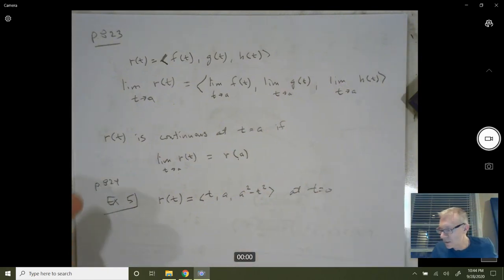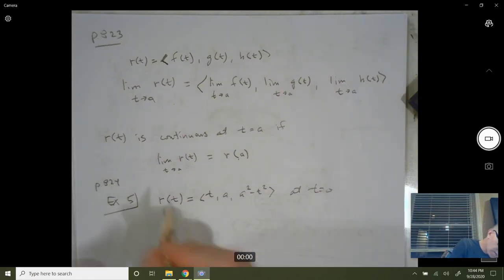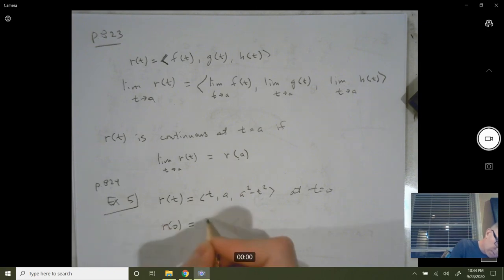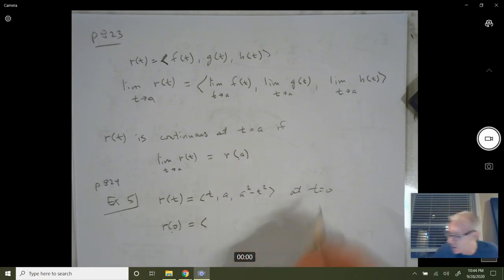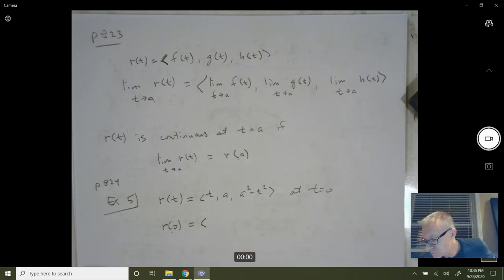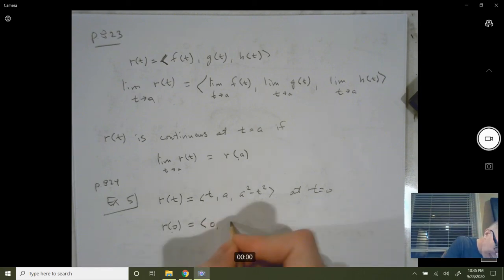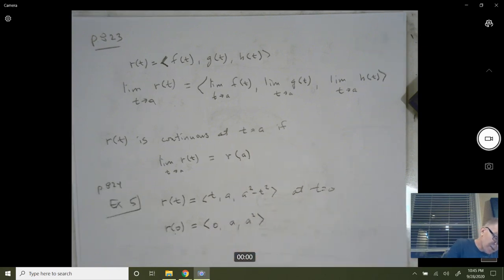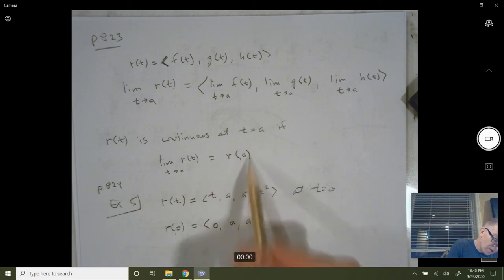Okay, so is this function continuous? Well, let's first find R of 0. The vector R of 0 would be 0, a, a squared minus 0.